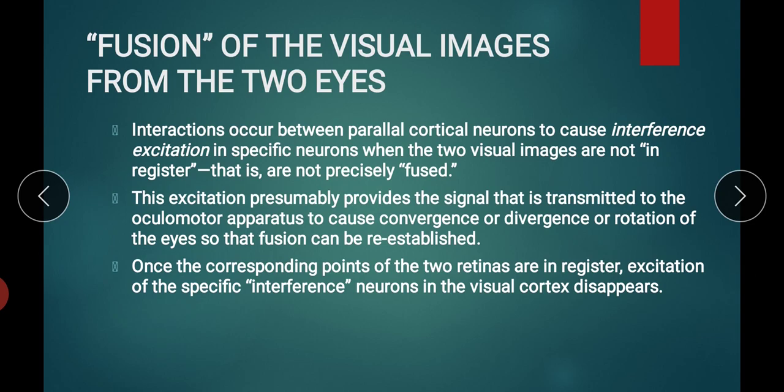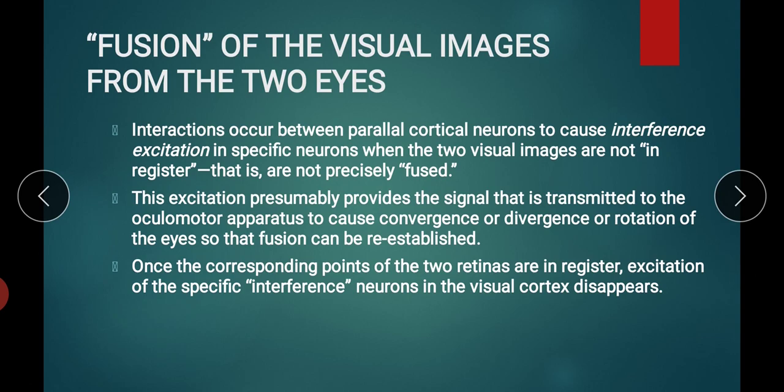Sometimes they focus on corresponding points, but when we focus on a near object, they are not on corresponding points. Generally, the right eye focuses more on the right visual field, and the left eye more on the left visual field. But overall we see the world with binocular vision, and all the images are clear to us. This is mainly possible because of the fusion of the images in the visual cortex.